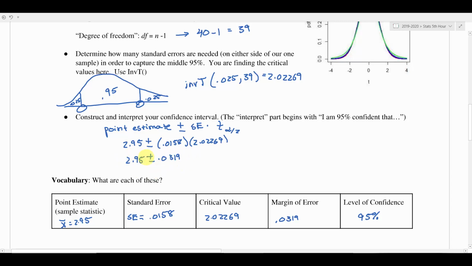So we can say with 95% confidence that the mean mass of all snowflakes is between 2.95 minus 0.0319 and 2.95 plus 0.0319. And that's what I'm going to work on now: creating this interpretation statement.